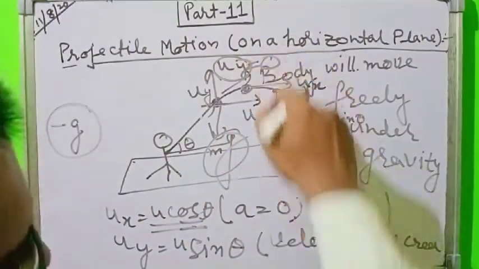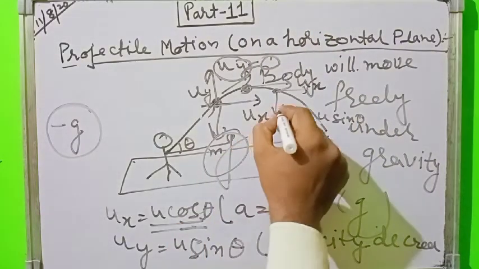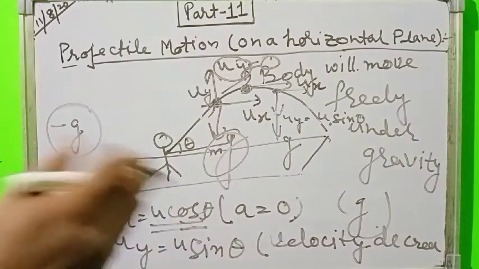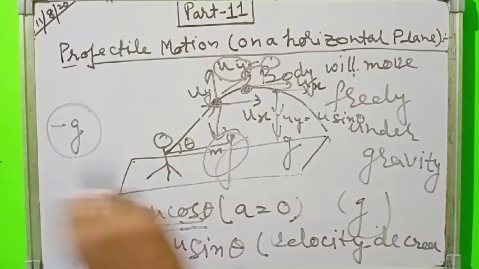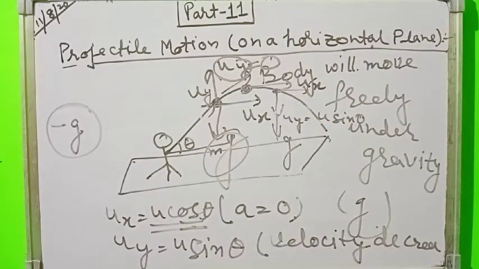After this point the vertical component in the downward direction increases, because here the y component of velocity and acceleration due to gravity are along the same direction. So this is the resolution of velocity and acceleration for a particle performing motion under gravity when it is thrown with initial velocity u.